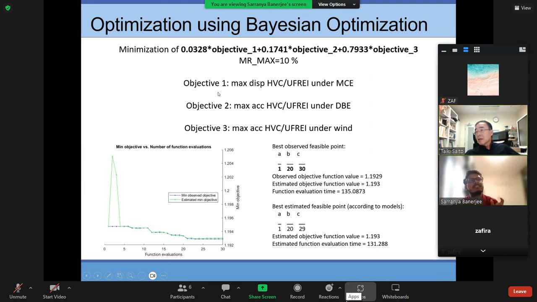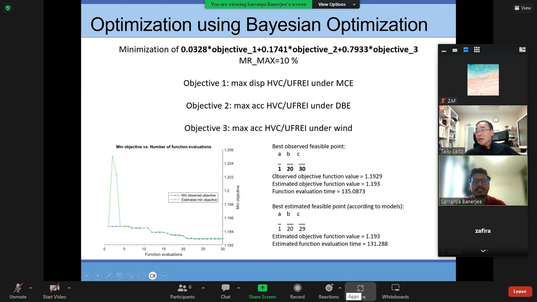I was discussing them individually, how to get the optimum result for those individual hazards. So now I have tried to make one common solution for the multi-hazard scenario. How can we define one objective function to get the optimum result of the tuned mass damper?